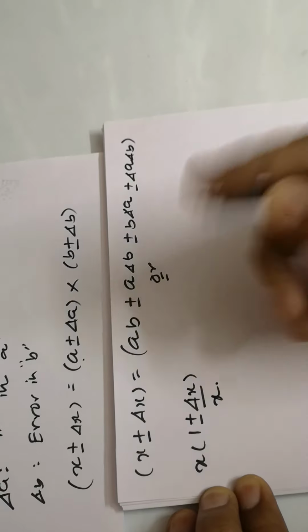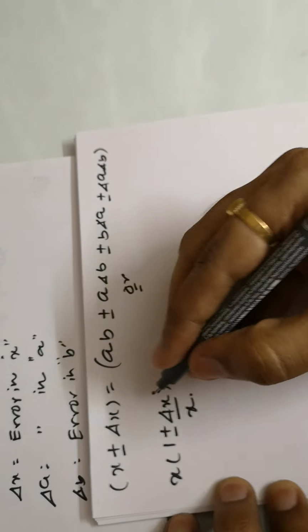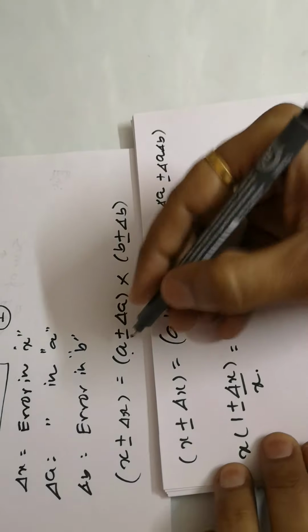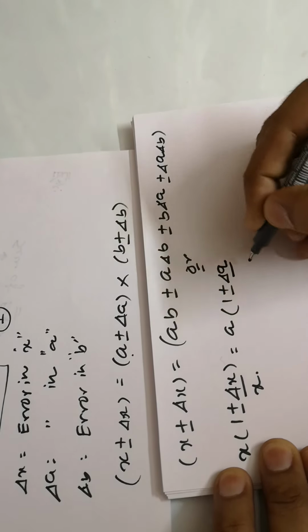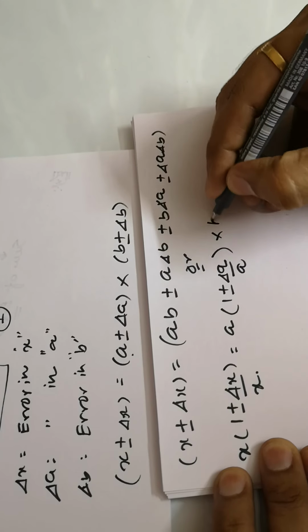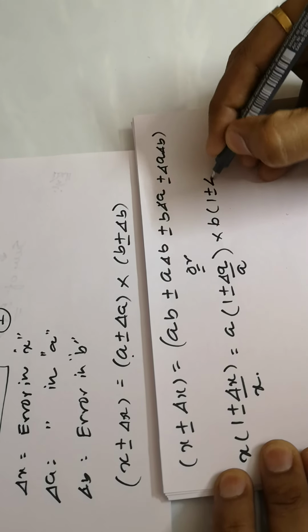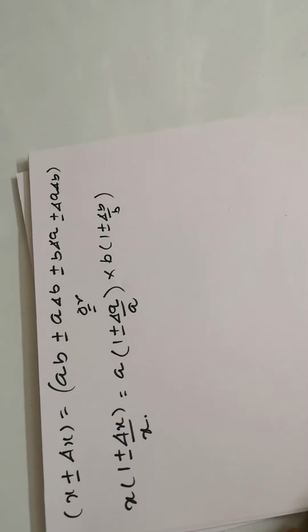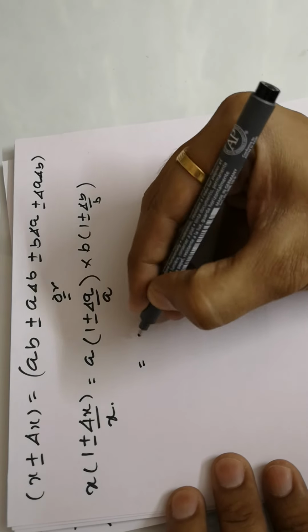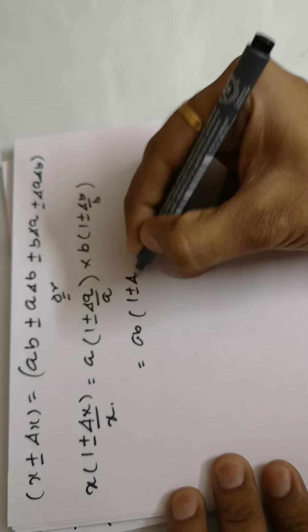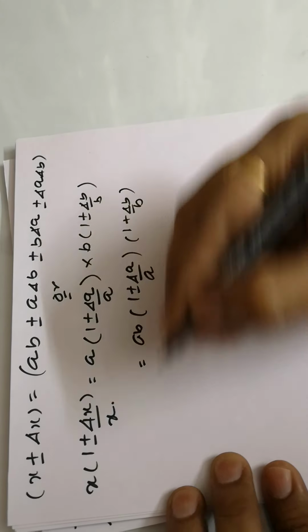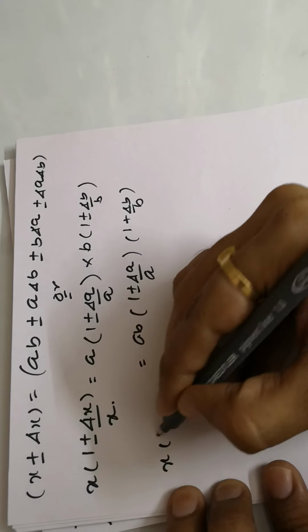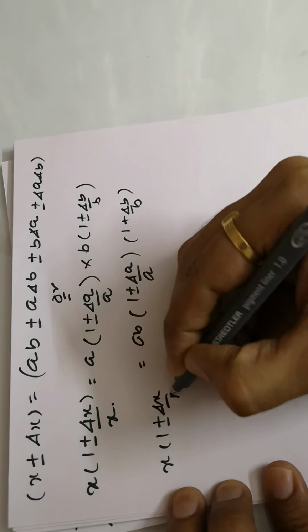It may lead to 1 plus or minus delta x by x, and from this bracket I am bringing a common. So 1 plus or minus delta a by a multiplied by b, 1 plus or minus delta b by b. You are aware of the normal mathematics that in multiplication we can shift those parts, 1 plus or minus delta a by a and 1 plus or minus delta b by b, and that may lead to x, delta x by x.